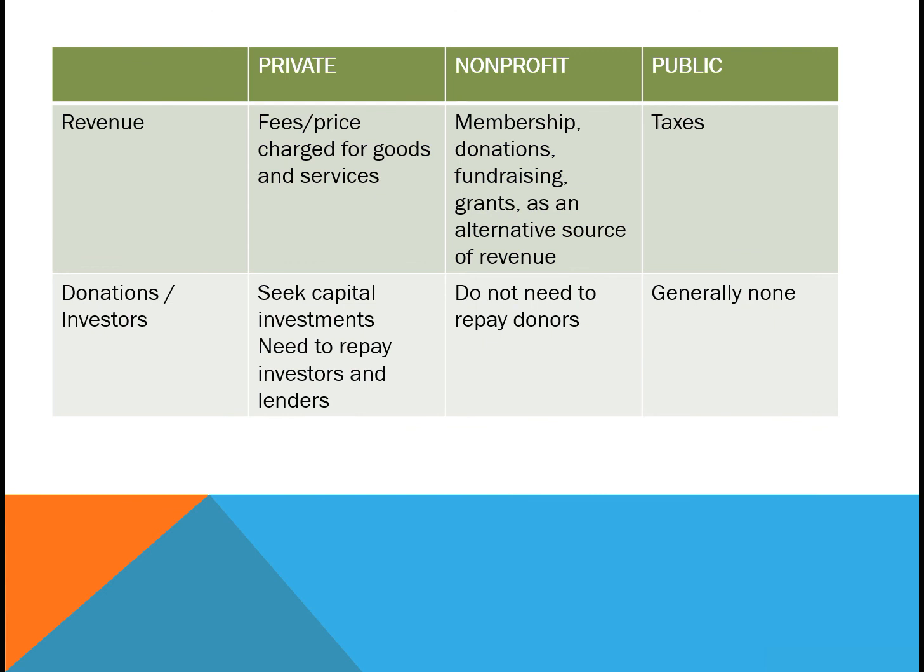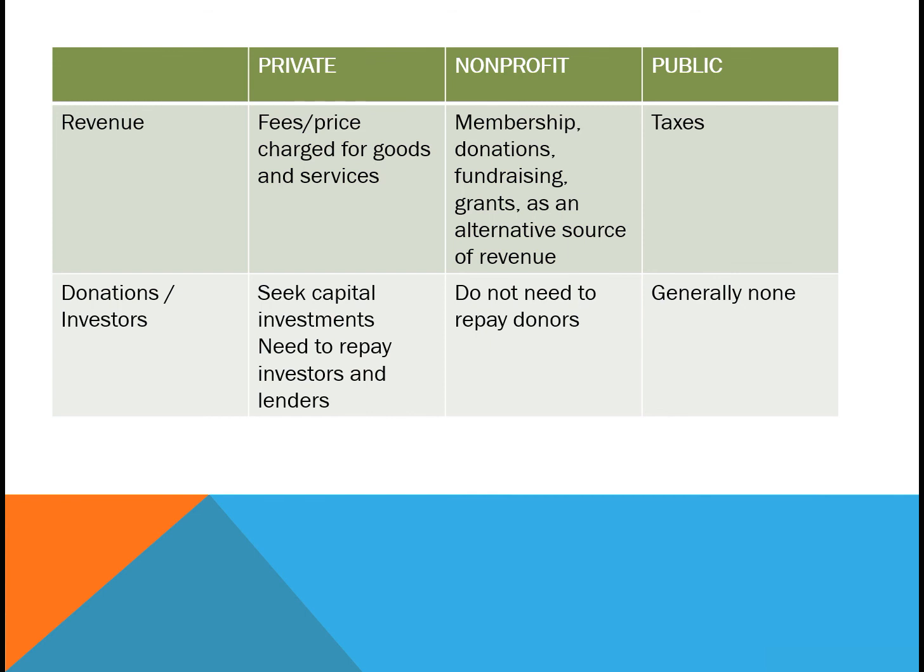In terms of revenue, they all generate revenue differently. The private sector, obviously, it's the fees and prices charged for the goods and services. In one of our previous units, we talked about pricing. Obviously, you can differentiate that. The not-for-profit sector might have membership. They could have donations, fundraising, or grants as other sources of revenue.